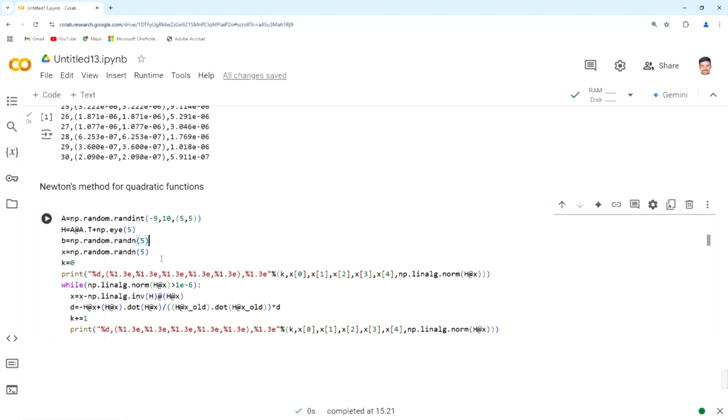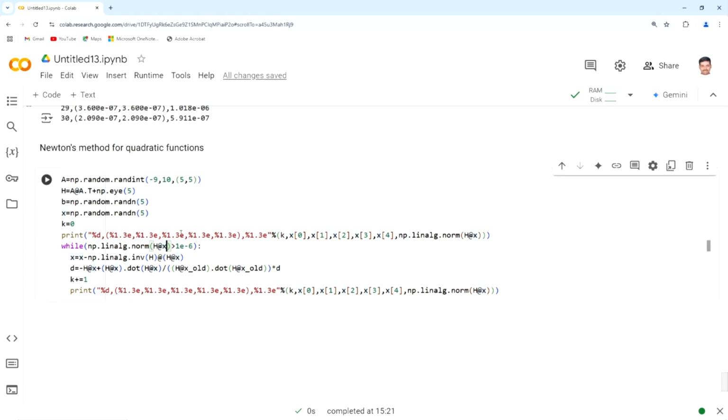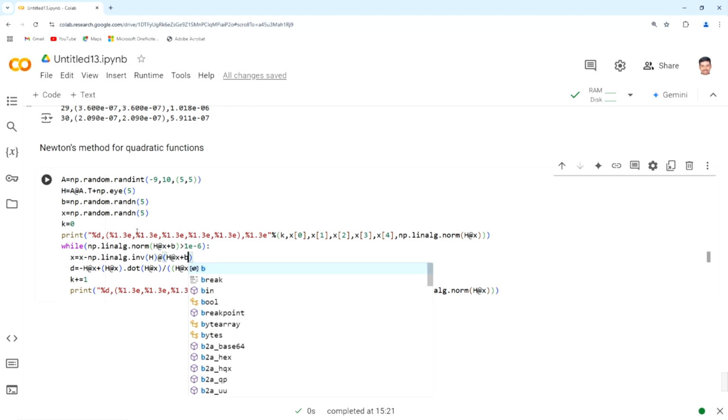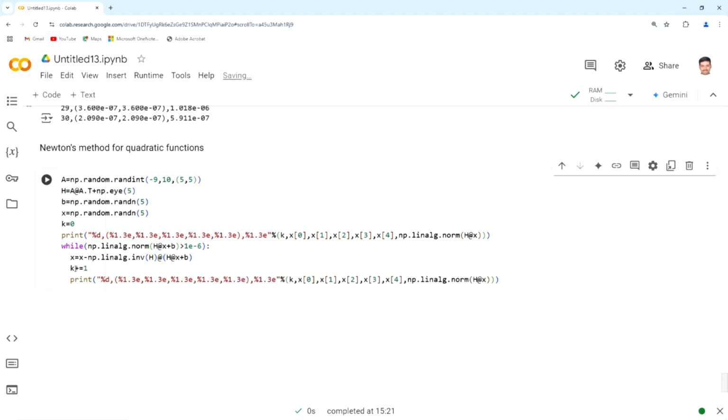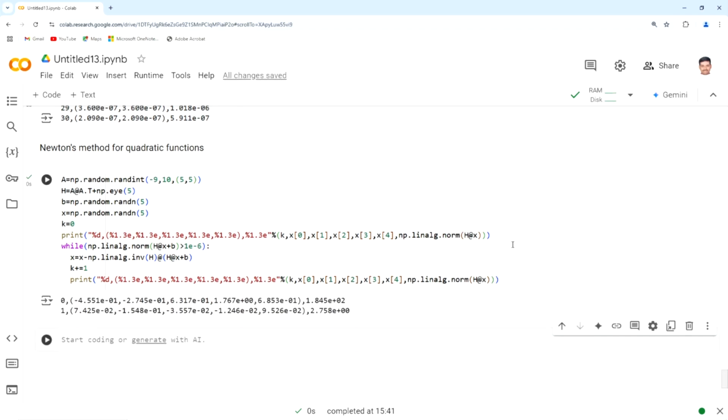In that case I will have to modify this as H x plus b, and this also as H x plus b. So this is also not needed. Let us check if it gives the answer in one step. Yes, that is it.